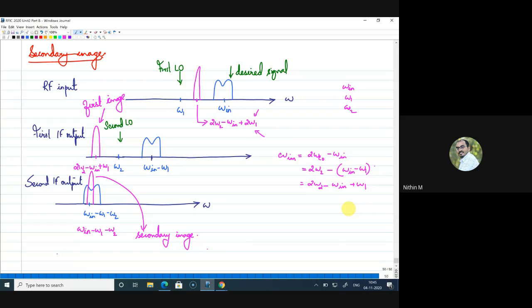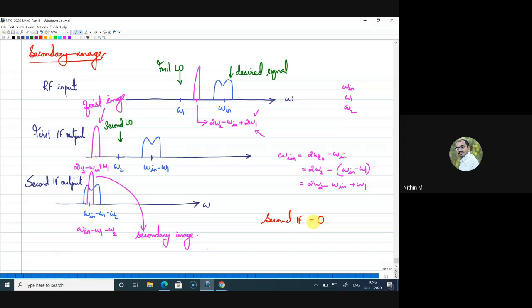So what happens here is the first image will definitely be cancelled by the Weaver architecture. But now since we have a secondary image which is falling exactly on the signal, one possible solution is to make the second IF, the secondary IF, equal to 0, and we can actually eliminate this.